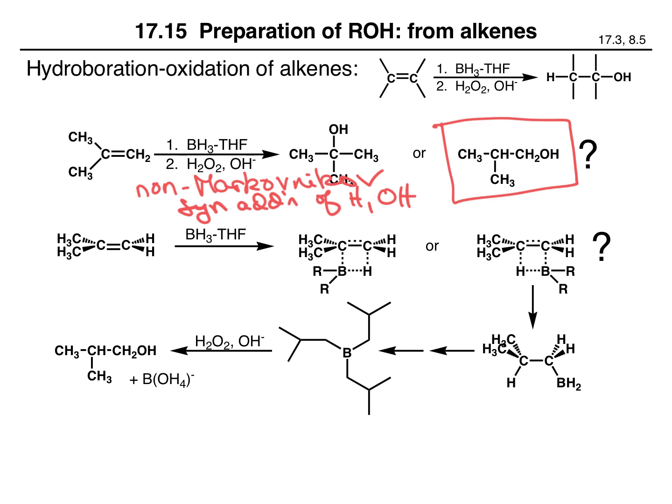We're not going to look at the whole mechanism, but there are a couple of features that I wanted to point out. For the formation of the organoborane, the BH3, for example, will interact with the alkene. It leads to this type of transition state. So we have a little square. Whatever is diagonally across from the boron picks up a partial positive charge because the boron has a partial negative.